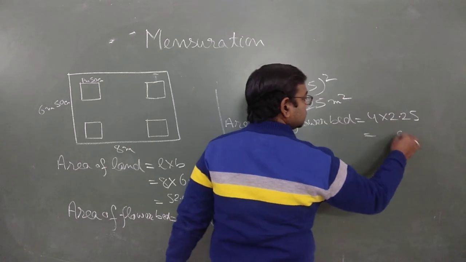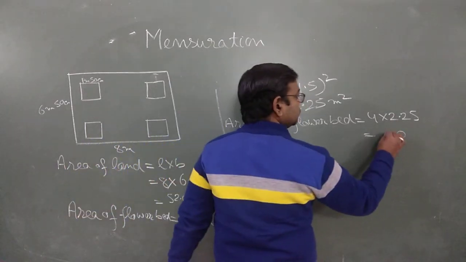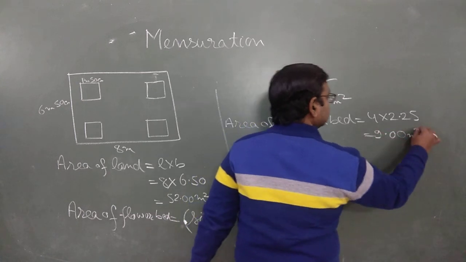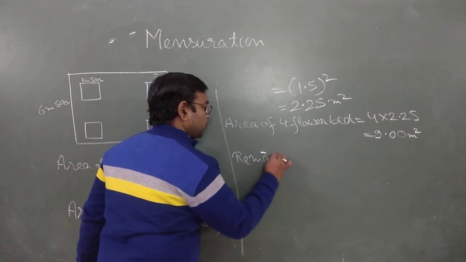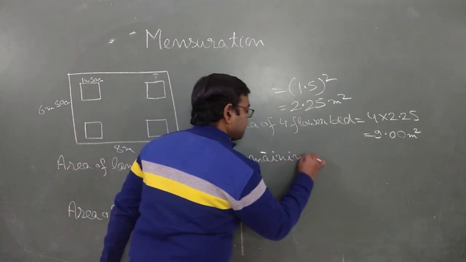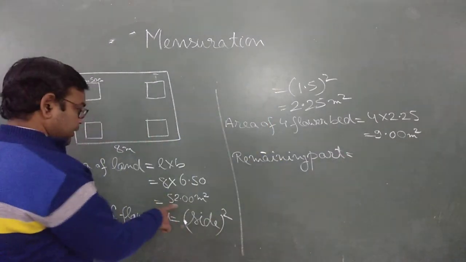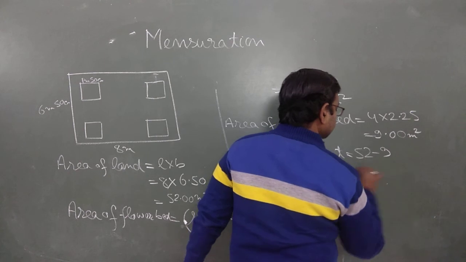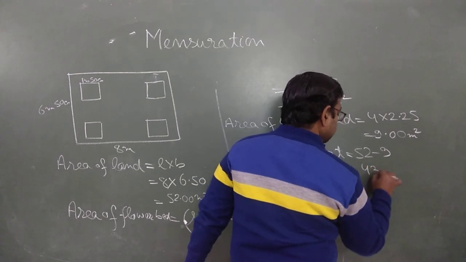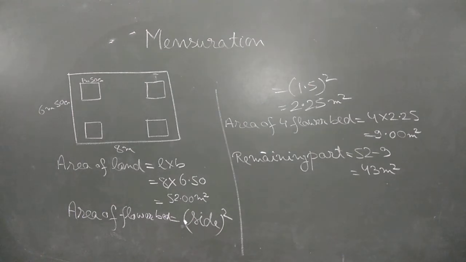See here, 25 times 4 is 100. 9.00 meter square. This is the remaining part. It's this minus this, near about 43 meter square. Hope this is clear to you. All of you move to the next question.